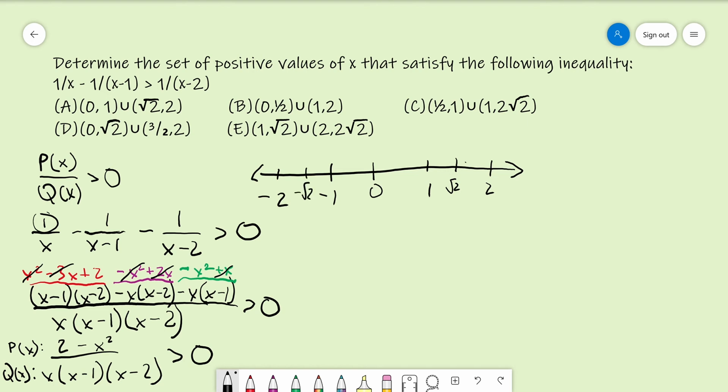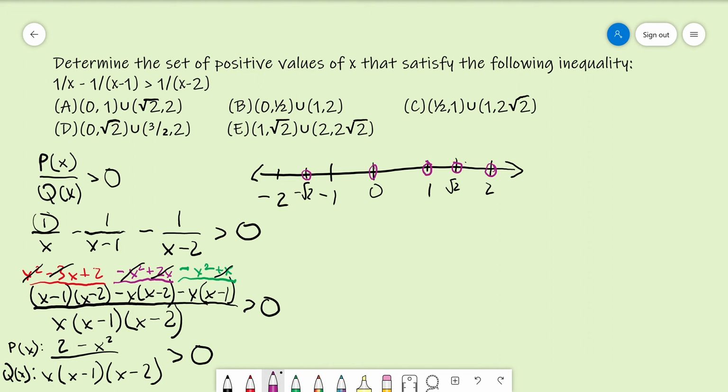So these two are roots, so we're going to put a little circle here and a circle here. And on the bottom we have x equals 0, x equals 1, and x equals 2. Those are the roots. Okay, so we've partitioned our number line.